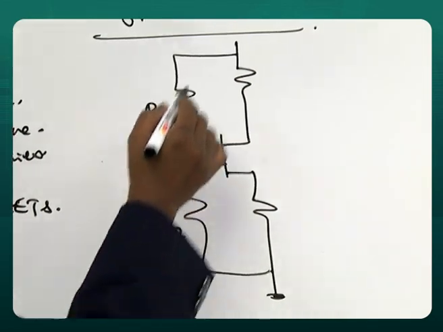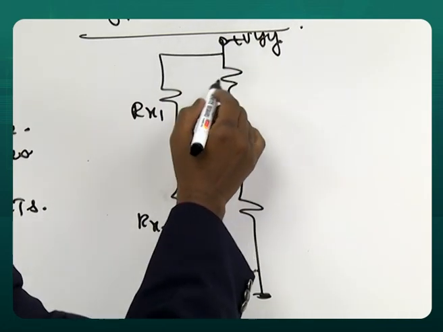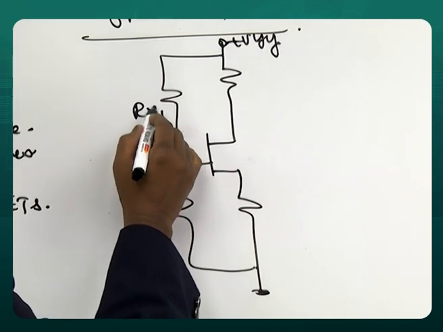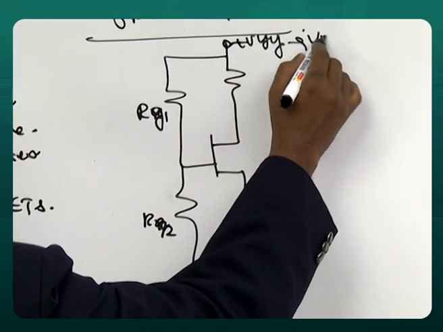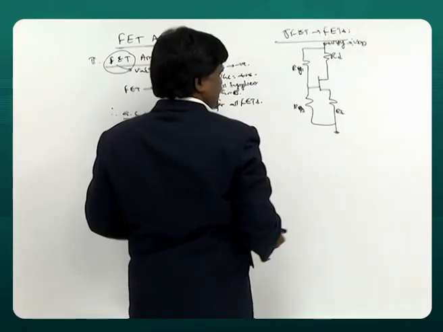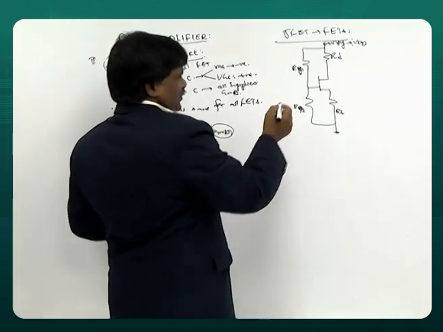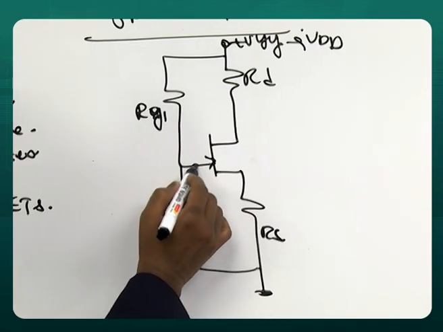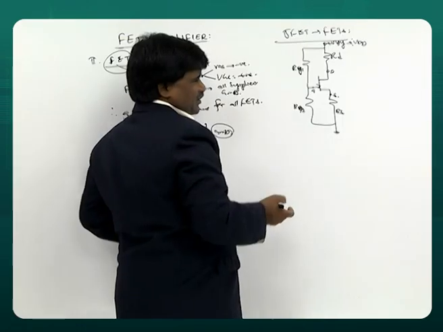This is the circuit that we have: RG1, RG2, drain resistance RD, source resistance RS. Gate, this is N channel. Gate, drain, source.